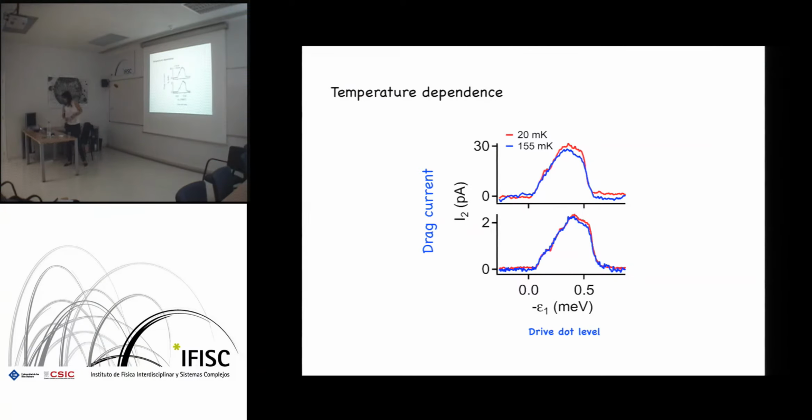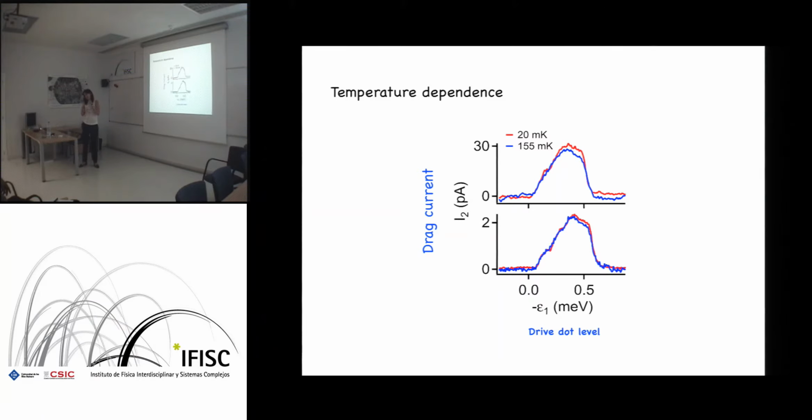I must say that our theory, even if it applies for cotunneling events, is only suitable for temperatures that are higher than the tunneling broadening, gamma.